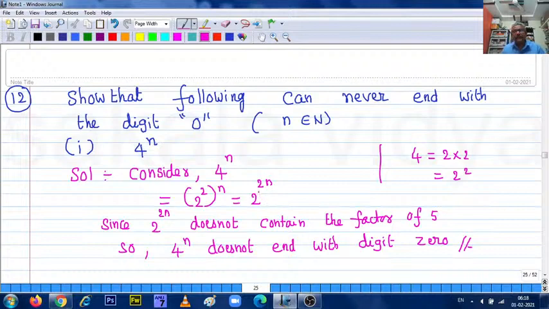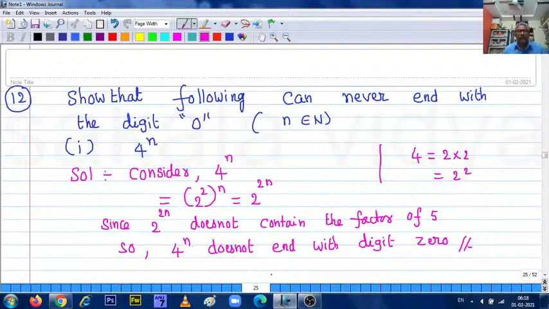It must contain 2 and 5 both. Then only it ends with 0, because 2 into 5 becomes 10. 10 means 10 to the power of something is 0. So that's why, since 4 to the power of n does not actually contain the factor of 5, this does not end with the digit 0. So this is the actual reason you need to give in the examination time.